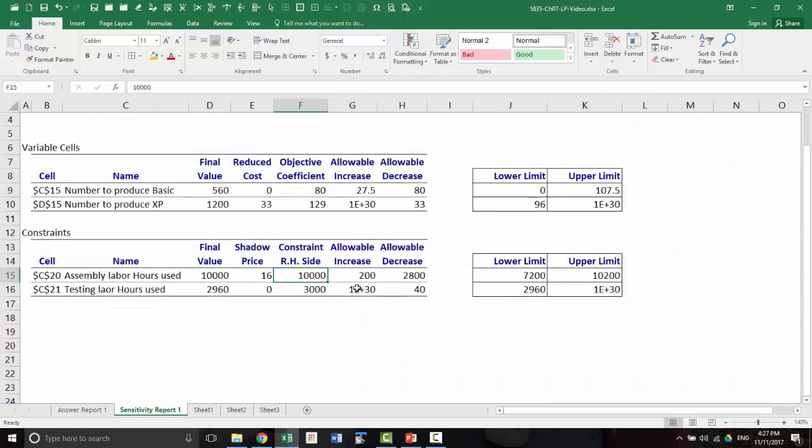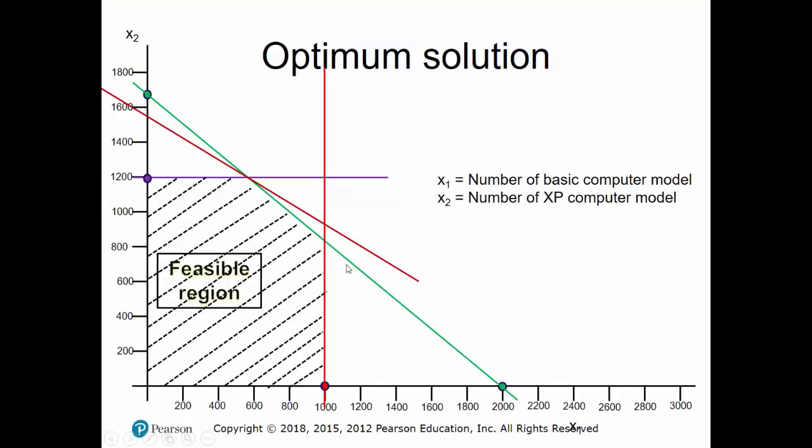So if you decrease the right hand side by 1 hour, so instead of 10,000, it is 9,999, then the profit will go down by $16, and that shadow price validity is in that range. Okay, because if you change the right hand side large enough, so for example, if you keep on increasing, there will come a point when this point will no longer be optimum because this has become redundant.